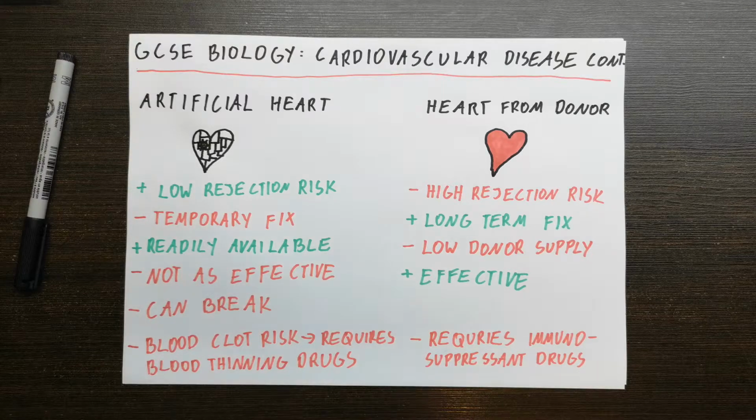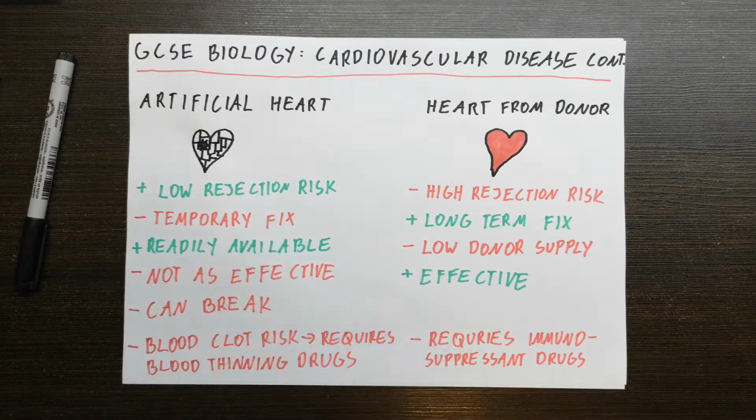Artificial heart is made from artificial parts, plastics, metals, some ceramic parts. And therefore, because these are artificial parts and they are not recognized as antigens by our body, there's a low rejection risk for users of artificial heart.